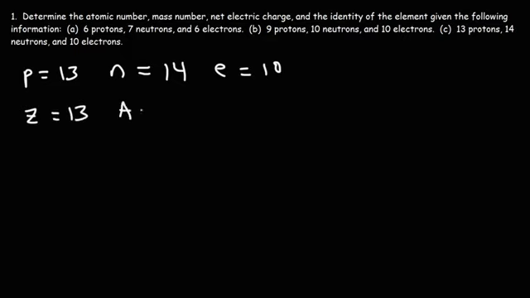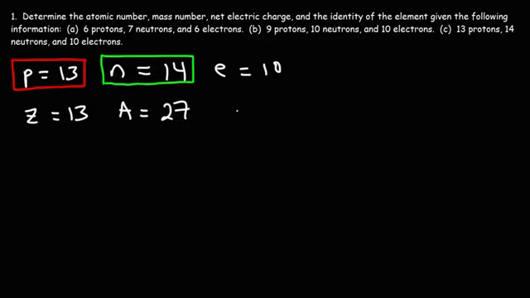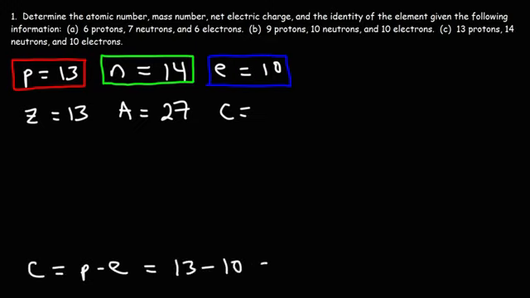The mass number, A, is the sum of the protons and the neutrons. So 13 plus 14, that's going to give us 27. That's the mass number. The charge is the difference between the protons and the electrons. So the charge is going to be P minus E. So that's 13 minus 10, which is positive 3.